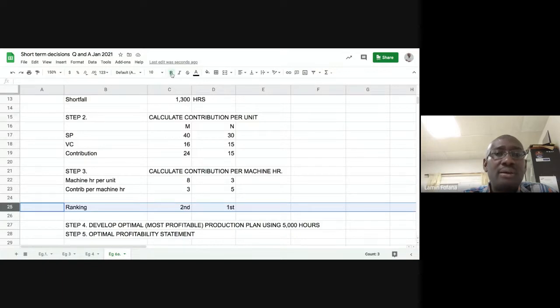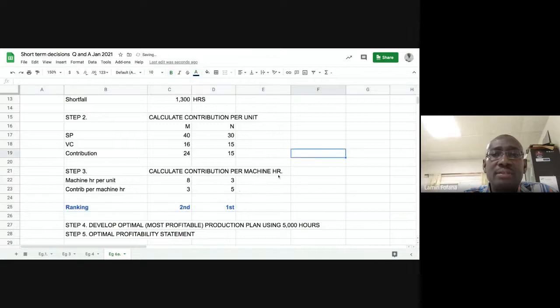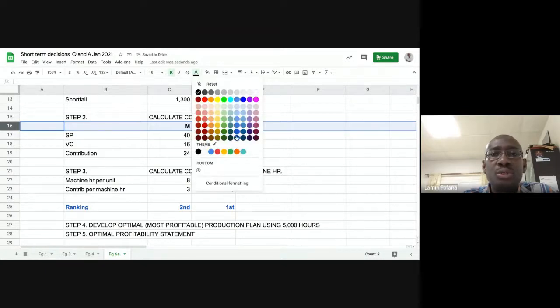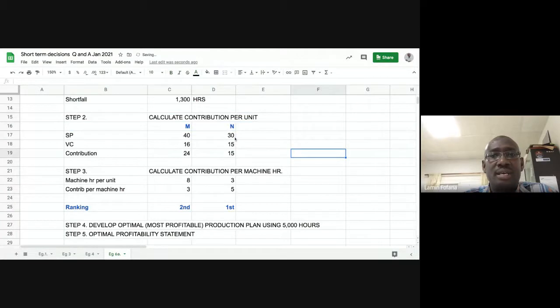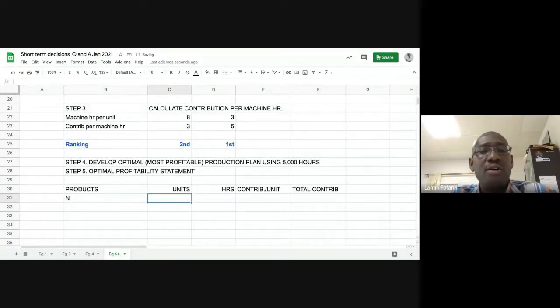I'm going to make our ranking bold and color it blue. These are our products also, so I'll make them blue also, so they can stand out. So we're starting with product N, isn't it?